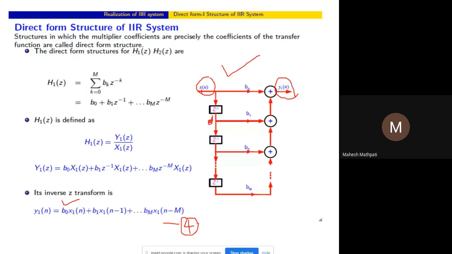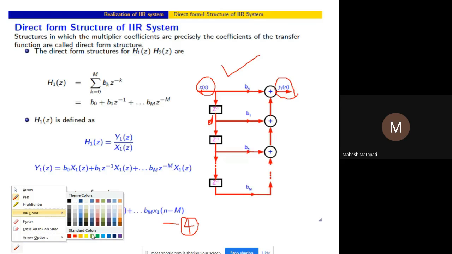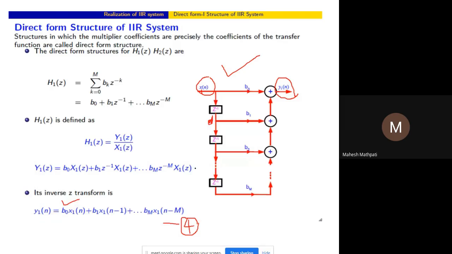Anybody? X of n minus 1. So here we will write x1 of n minus 1.